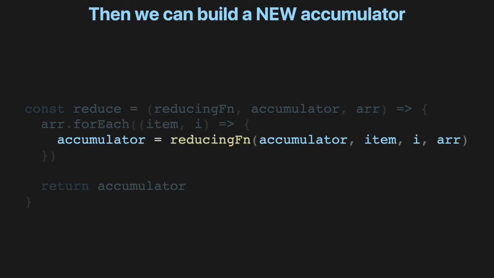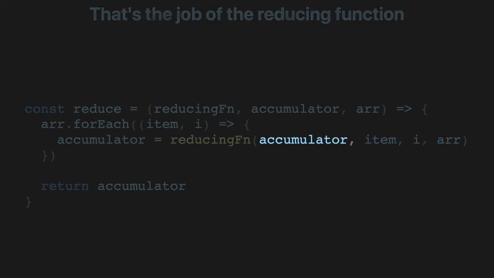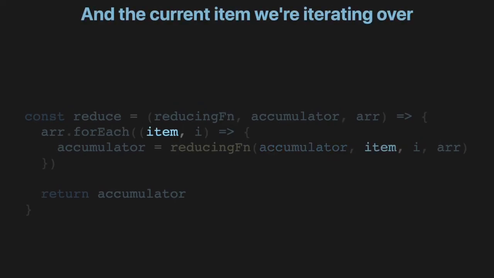We're going to move through the array, and we're going to build the new accumulator every single time. And remember, that is the job of the reducing function: to return the new accumulator. The reducing function takes the accumulator, the current accumulated value, and it takes the current item that we're on in the array.